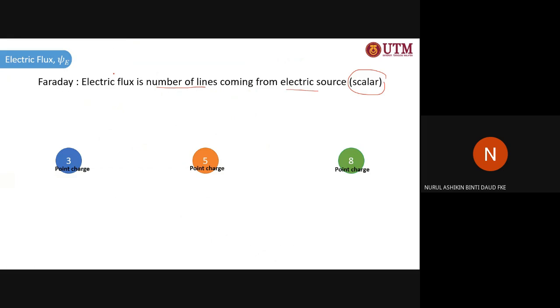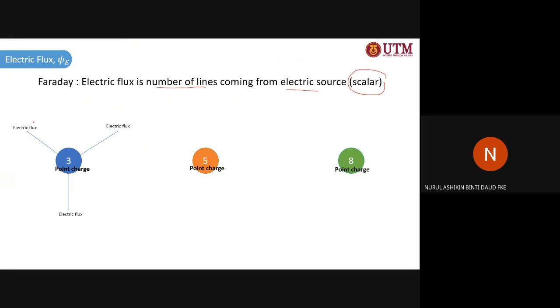Since Faraday mentioned that electric flux is a number of lines coming from an electric source, here are the point sources, or the electric sources. There will be a number of lines coming from each source. For example, the 3 coulomb source will produce 3 lines of electric flux.